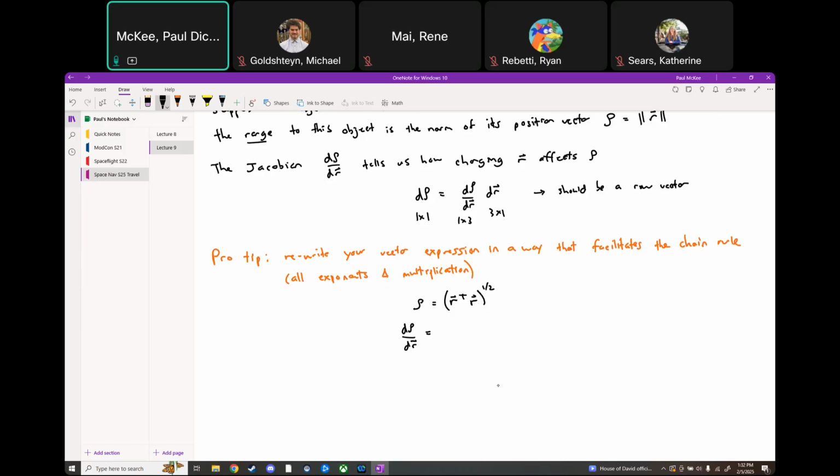And then we have to subtract 1 from the exponent. So following the chain rule, this should be 1/2 R transpose R to the negative 1/2 power multiplied by whatever is the derivative of R transpose R.